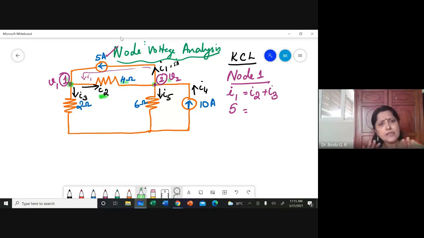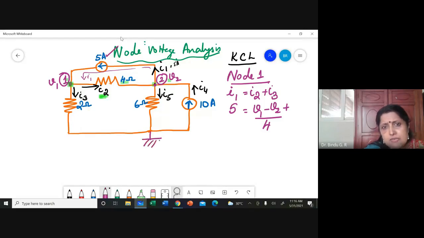Now, the direction of this current is purely an assumed direction. For our calculation, this is enough. I have taken I2 to be flowing from V1 to V2. So long as that assumption stands, I should think that V1 is at a higher potential and V2 is at a lower potential. So how will I write I2? I2 will be V1 minus V2 by 4. Similarly, I3 is the current flowing from V1 downwards. So here I will take a reference voltage.